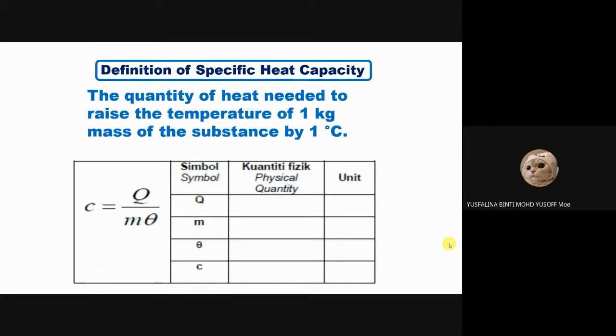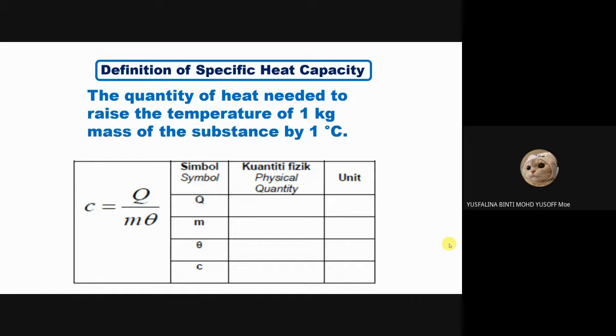Okay, definition of the specific heat capacity. So the only difference is the 1 kg. The quantity of heat needed to raise the temperature of 1 kg mass of substance by 1 degree Celsius. How much energy do you need to increase, let's say, a 1 kg metal block by only 1 degree Celsius?